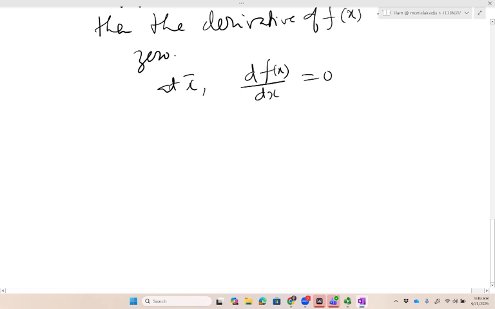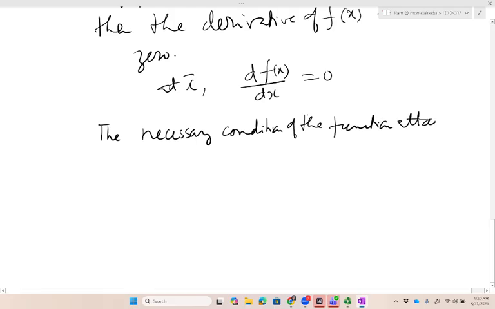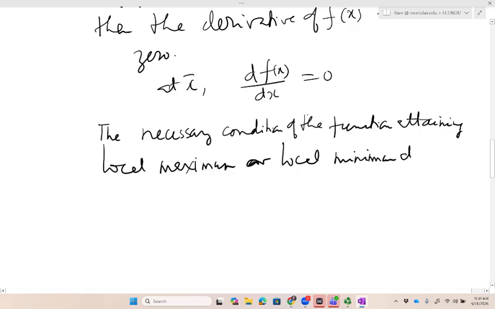So what if, I will first make a formal statement, the necessary condition of the derivative of the function attaining local maximum or local minimum at x star is the derivative of the function at that point being equal to 0.